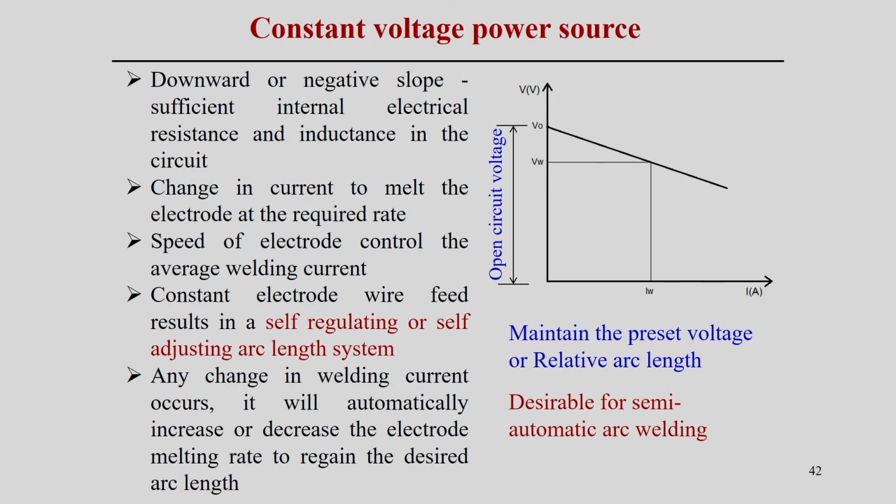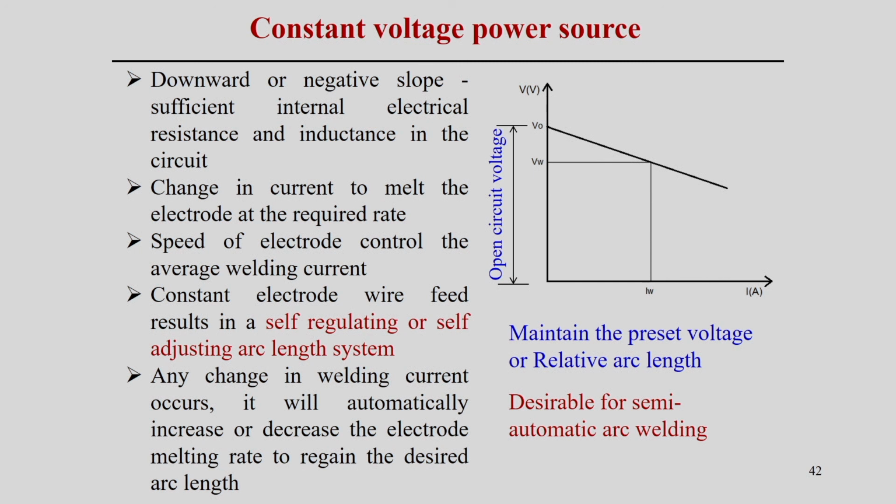We can see it starting with the open circuit voltage, the potential voltage available before the start of the welding process. From the open circuit voltage, there is a gradual decrement of the voltage even if we increase the current. This kind of power characteristic is required for semi-automatic welding. Now, how can we define this constant voltage power source?